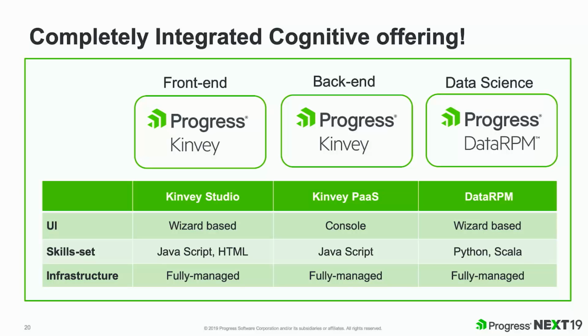And then you can have the Kinway Studio to develop the front end, and then Kinway obviously, and Data RPM for the data science. And then you have the UI, which is essentially wizard based for both Kinway Studio and Data RPM.